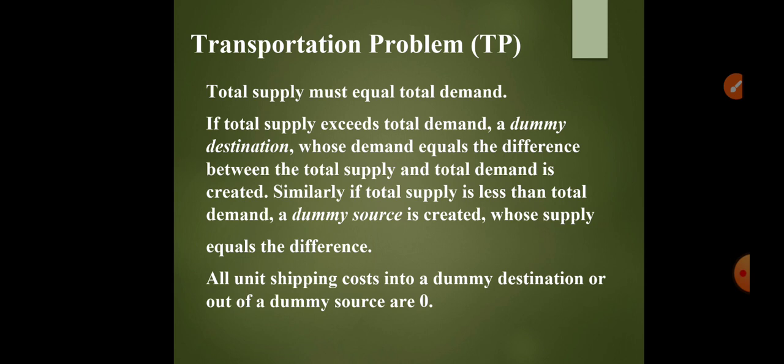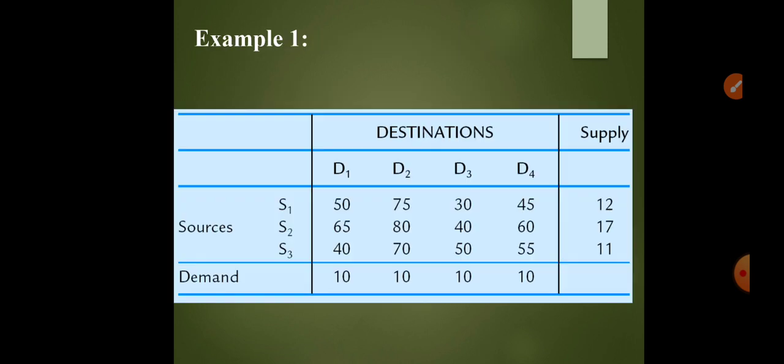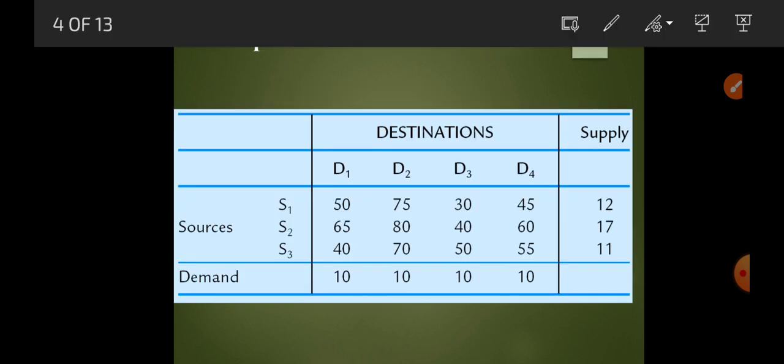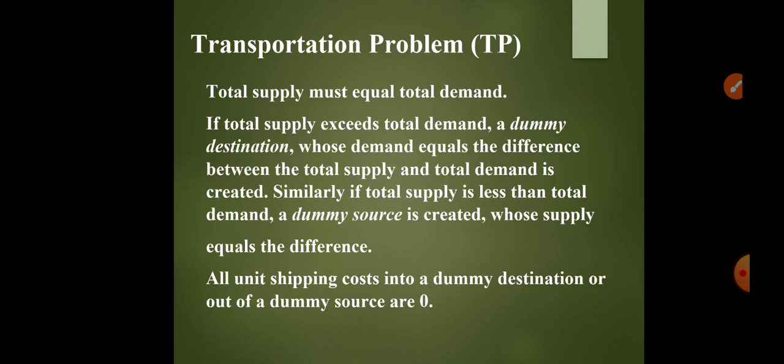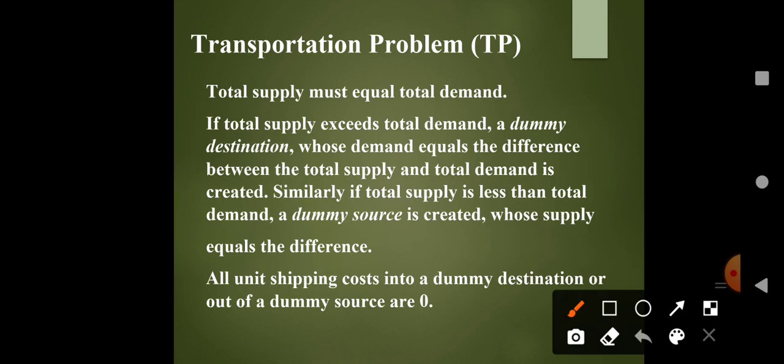Total supply must equal total demand. If total supply exceeds total demand, a dummy destination is created whose demand equals the difference between the total supply and total demand.